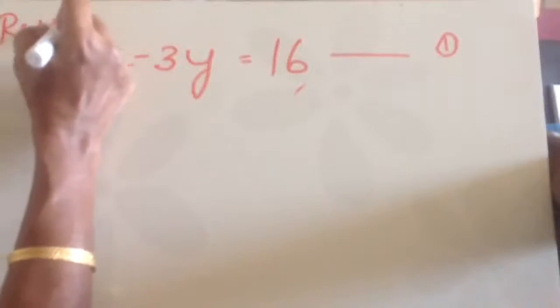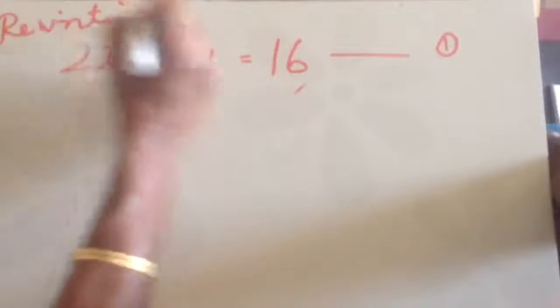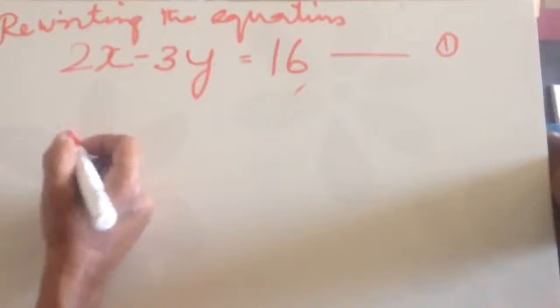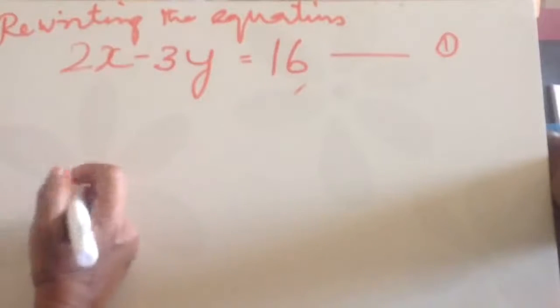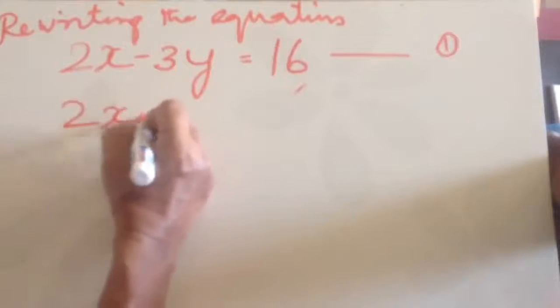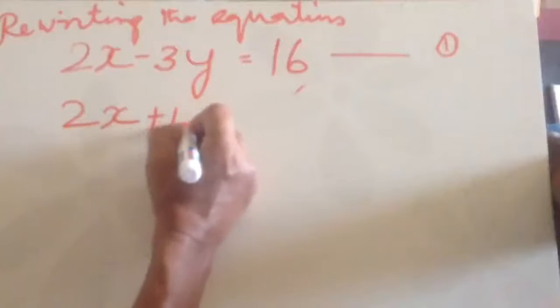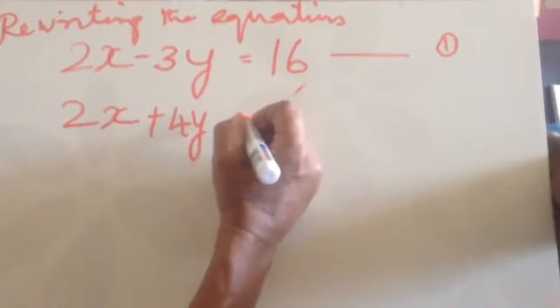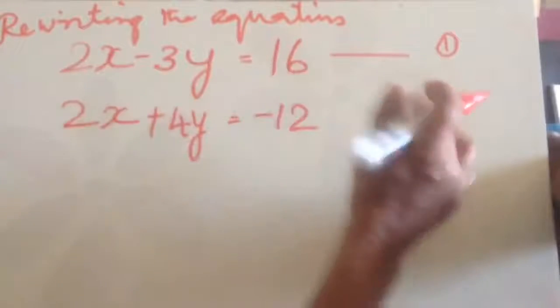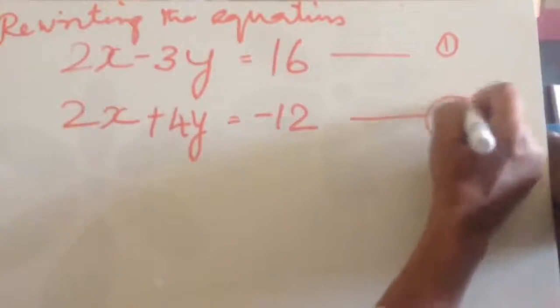Rewriting the equations, the new equation we have arrived at is 2x plus 4y is equal to minus 12. Okay, now this is the second equation.